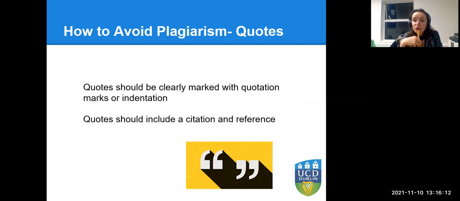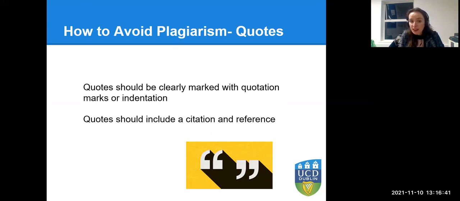The next thing you can do to avoid plagiarism is to clearly use quotation marks when using quotes. So on occasion, this is the one time you can copy and paste something in, would be to use a quotation. That's when you can use the exact words that were used in the original text, but it does need to be marked in quotation marks.